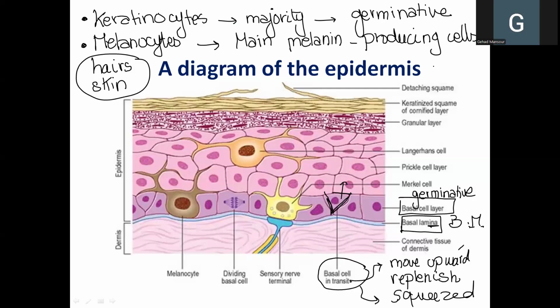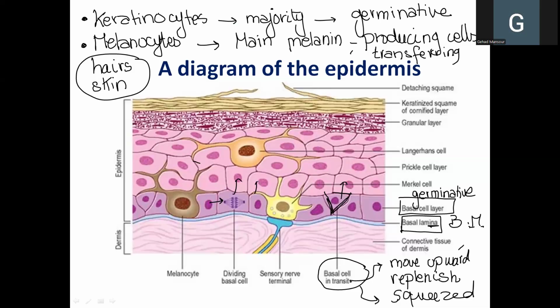So the other function is not only producing, but transferring melanin to the remainder of the cells, because it's not enough to have one or two or even hundreds of melanocytes scattered in your skin to give the skin color. In order for your skin color to be homogeneous, the melanin pigment should be diffused to all the cells.